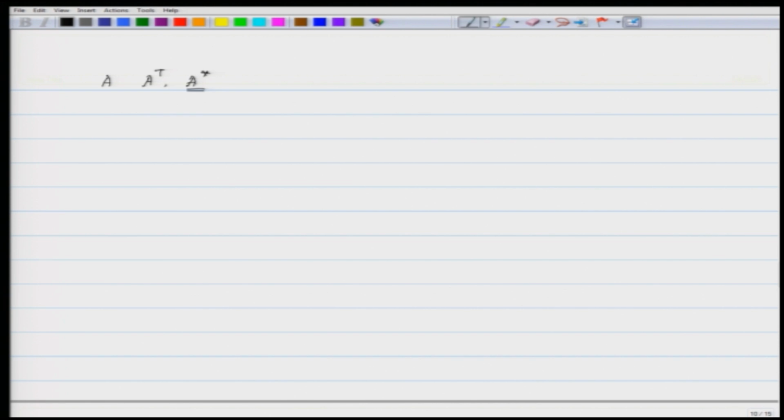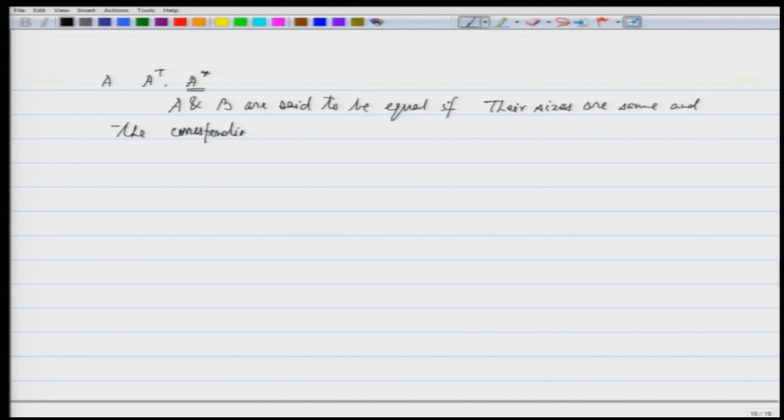I forgot to mention one thing which I should have said in the very beginning after the definition of a matrix, that two matrices A and B are said to be equal if their sizes are same and the corresponding entries are also equal.